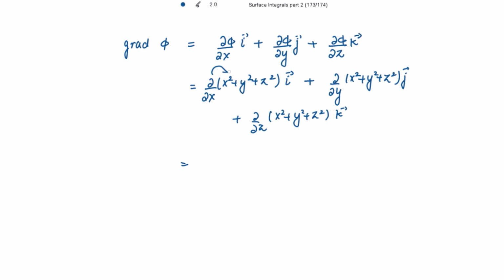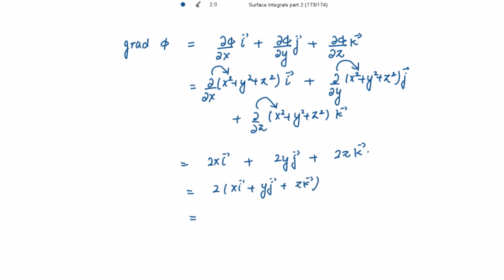So differentiating this with respect to x, we get 2x i vector plus differentiating with respect to y, we get 2y j vector plus differentiating with respect to z, we get 2z k vector. That is 2 into x i vector plus y j vector plus z k vector. And this is further equal to 2 into r vector. So grad of phi is 2 into r vector.